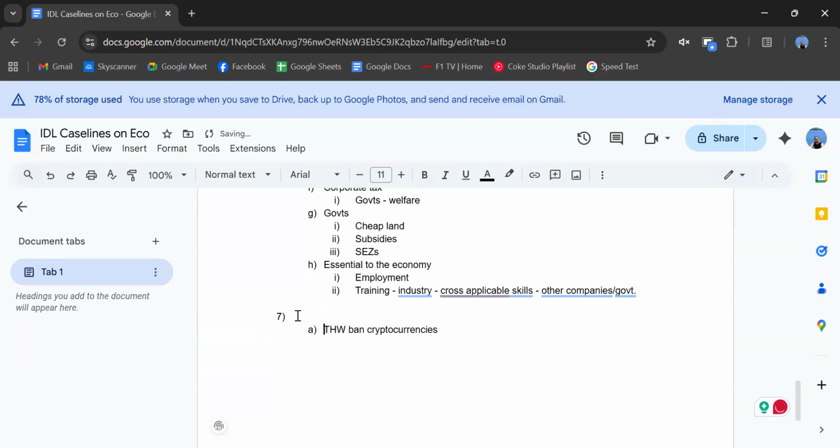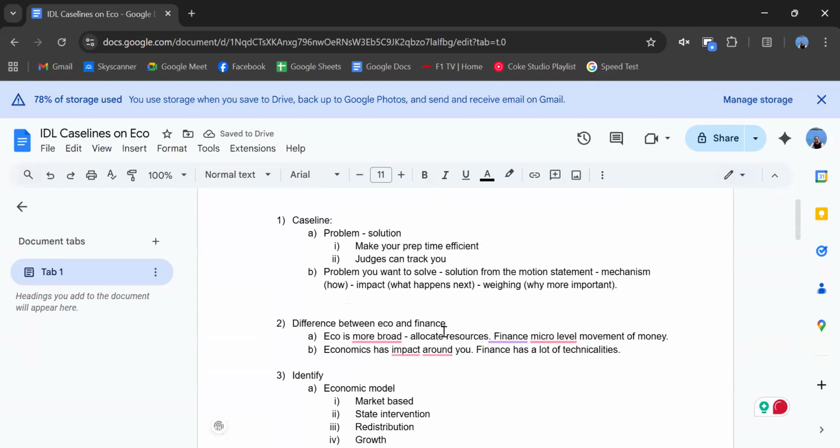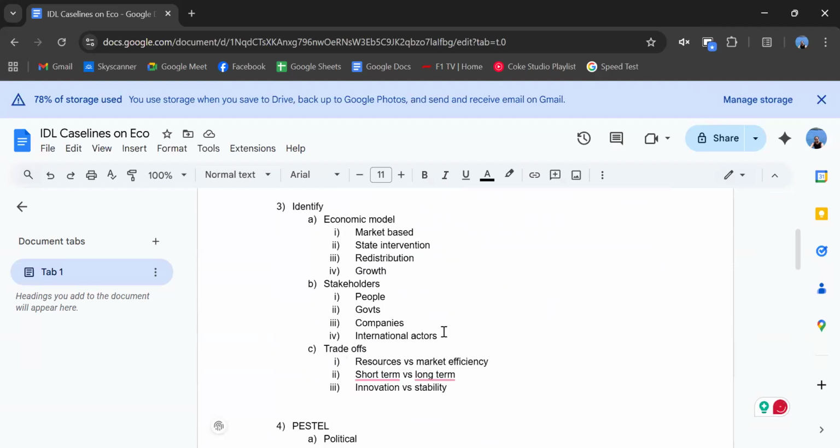First of all, I think this should be a market-based one to limit the market, not directly government involvement, because it's just limiting the market. Then it would not have a really big political impact because cryptocurrencies aren't a very big thing in India. It won't slow economic growth.